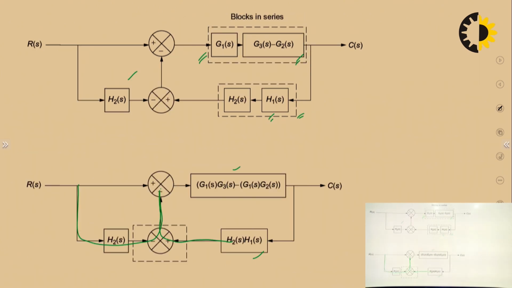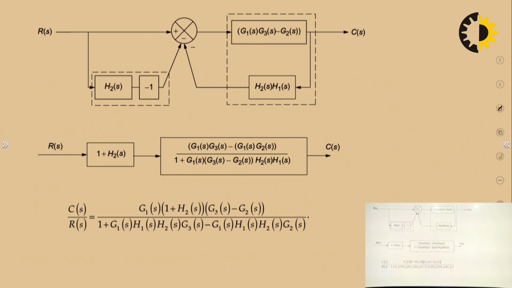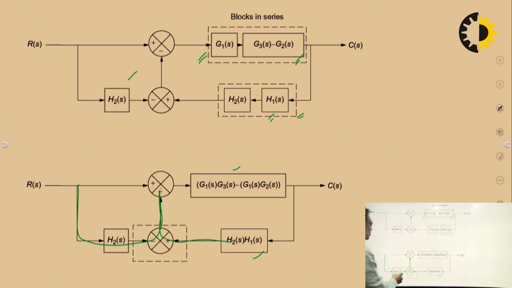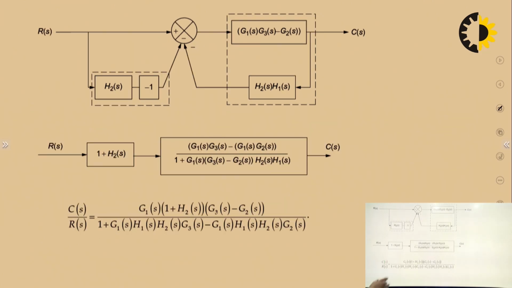We will combine these two summing points in this manner, because we want to make a single summing point for connecting this. So we have to take this minus sign. For making this positive, we are moving this minus sign to this block transfer function. So you can say minus H2(s) or H2(s) into minus 1, the same thing.